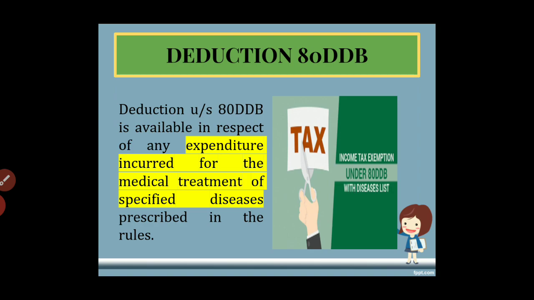Generally, a list of some specific diseases is mentioned in the IT Act, and if any assessee is incurring any expenses on the medical treatment, then he or she, for himself or herself or for his or her dependent relative, can avail the deduction. Here you can read, for the medical treatment of a specified disease prescribed in the rules.